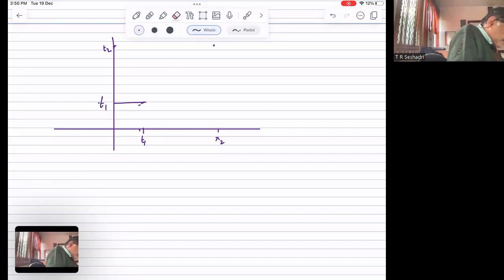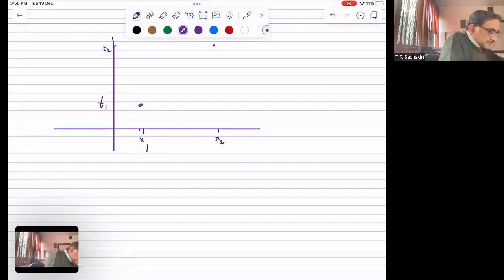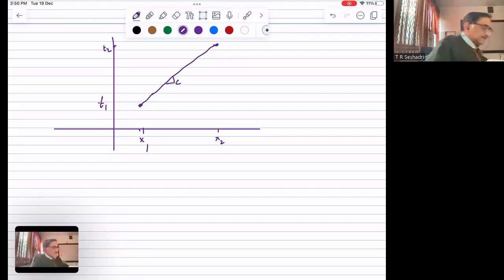Suppose there is an event which happens here, say a torch is switched on. Then the photon will carry on and reach x2 at T2. The slope of this is the speed of light, and so these two events are connected by a photon trajectory.